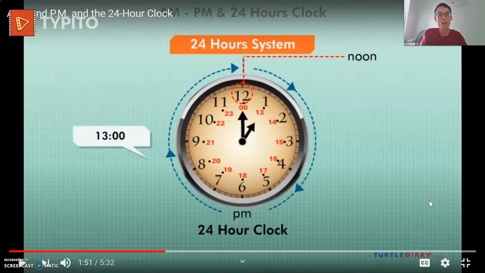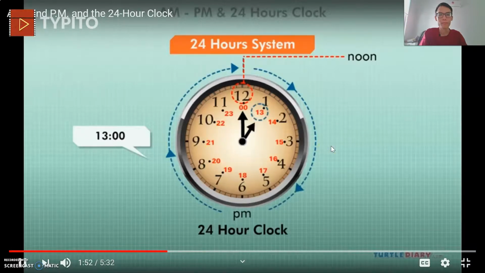But for 24-hour system, after 12, it will go on to 13, 14, 15, 16, 17, 18, 19 and so on. Okay, untuk sistem 24 jam, selepas pukul 12, dia akan bergerak ke 13, 14, 15, 16, 17 dan sebagainya.